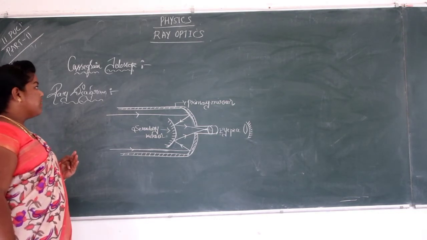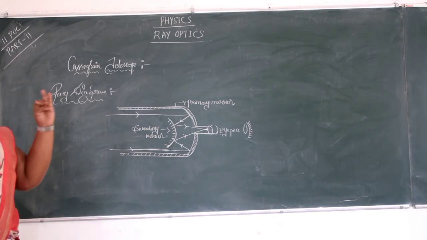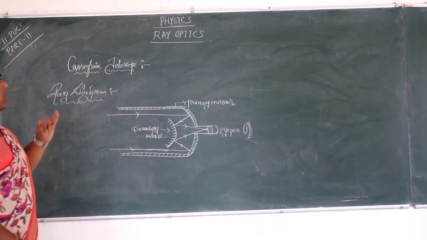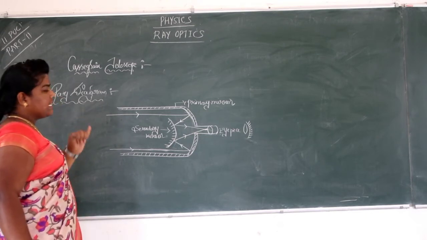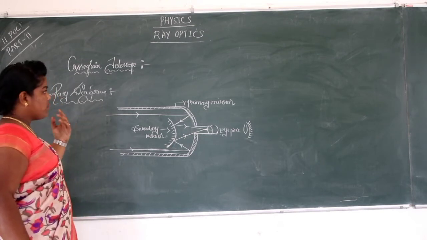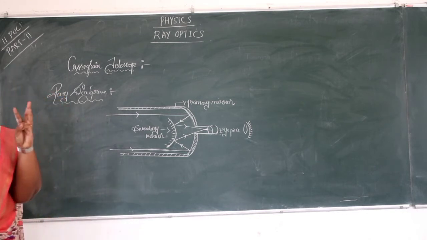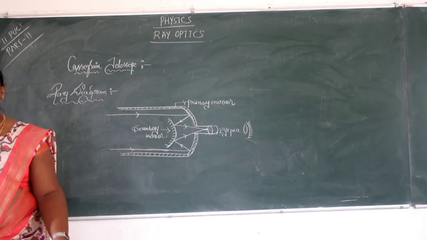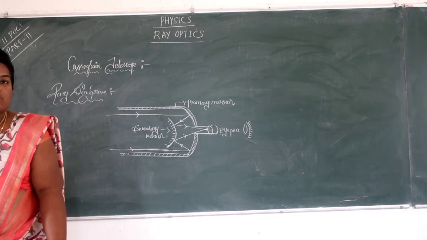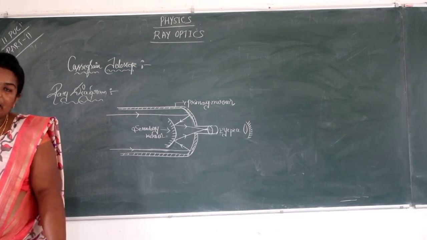Not only that, the reflecting telescope is free from spherical aberrations. Therefore, the construction is of low cost. The reflecting telescope is of low cost, whereas the refracting telescope is of high cost. Another important point: the resolving power of the reflecting telescope is very, very high compared to that of the refracting telescope.